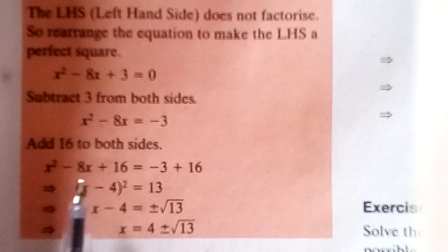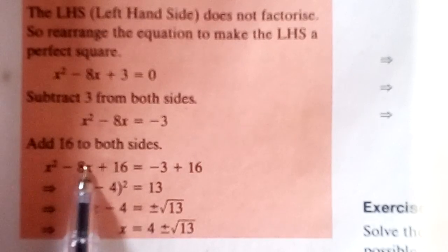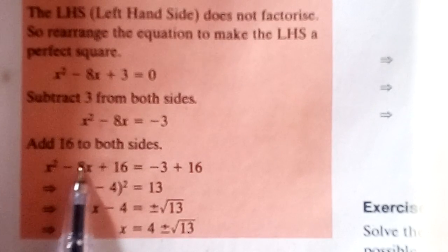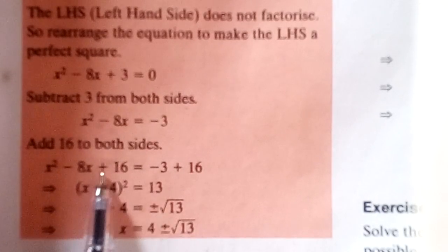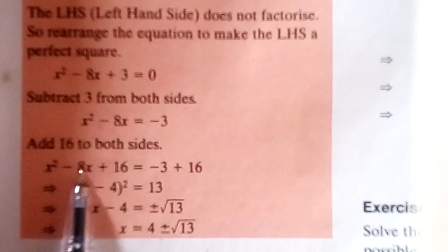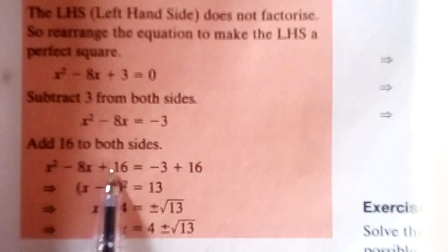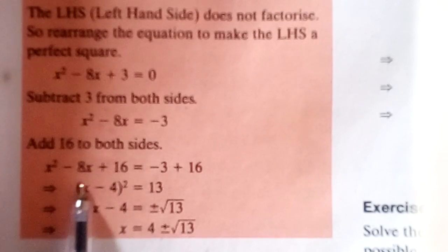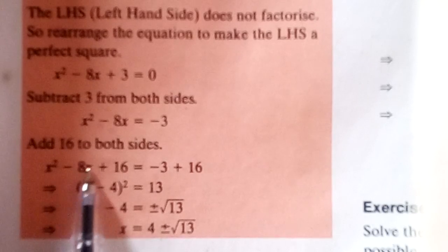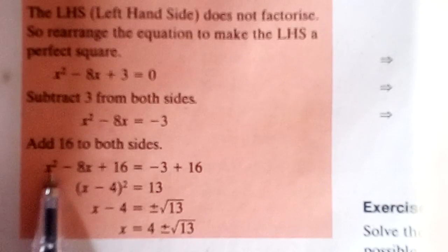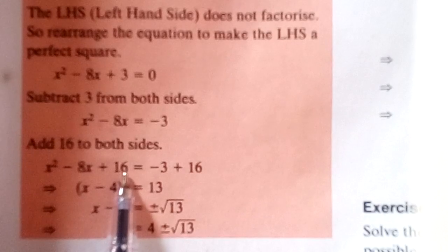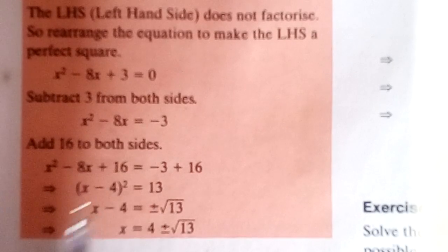Now you remove this minus 8x for easier understanding. There are workings and explanation behind that, but for now, for better understanding, you just remove this minus 8x and you have x squared and this 16 alone.